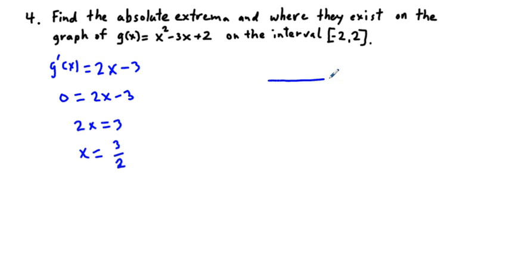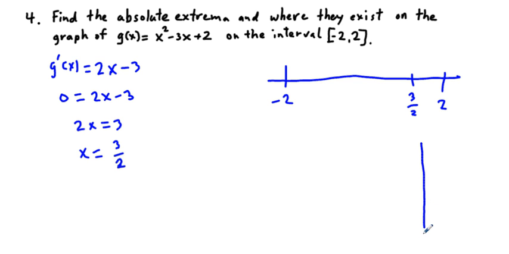So if we drew out a number line, we'd start here between negative 2 and 2, and then we would have 3 halves, which is 1.5, right over here. And so we would just have to find out what they are. And so we'd have a candidates test.